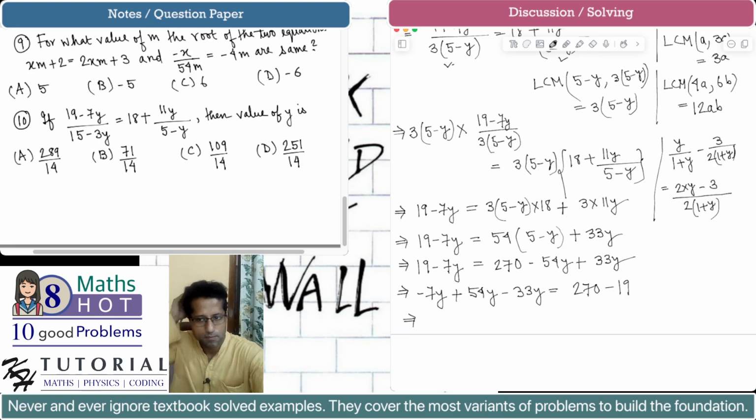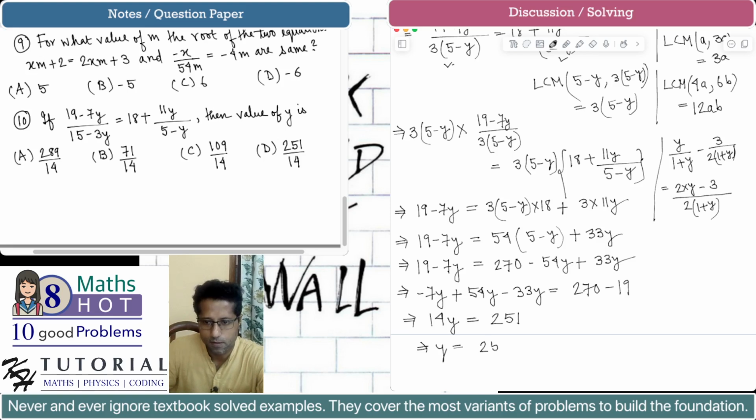So minus 40y plus 54y is 14y. 14y is equal to 270 minus 19 is 251. Okay, so this implies y is equal to 251 by 14. So 251 by 14 is the solution of the given equation, and hence the correct choice is D. D is the correct choice.